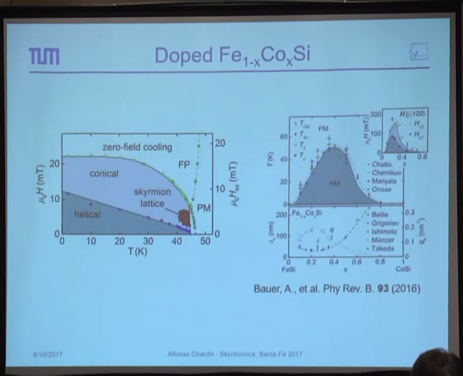For our studies, we decided to stick with this iron silicide cobalt because it can very nicely engineer the transition temperature as well as the pitch length of the system, going from a couple of nanometers up to several hundred nanometers, as well as going from very low transition temperatures up to around 50 Kelvin.